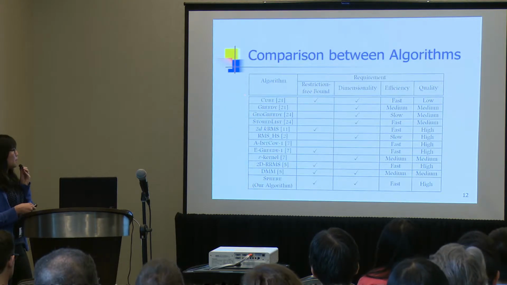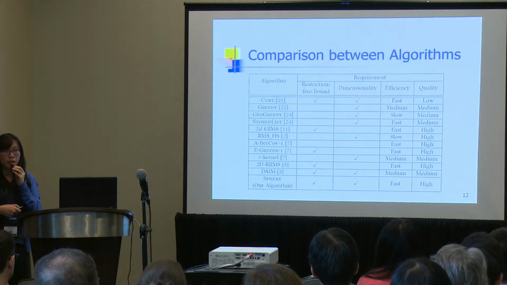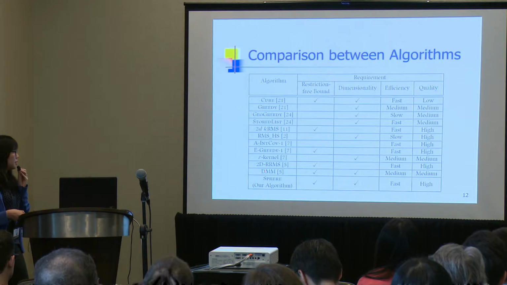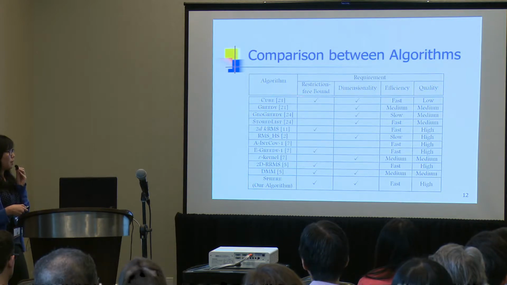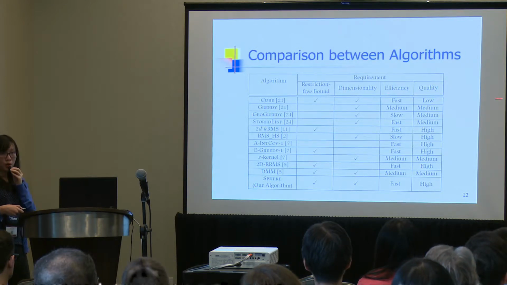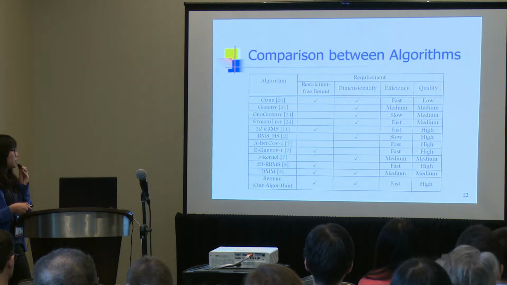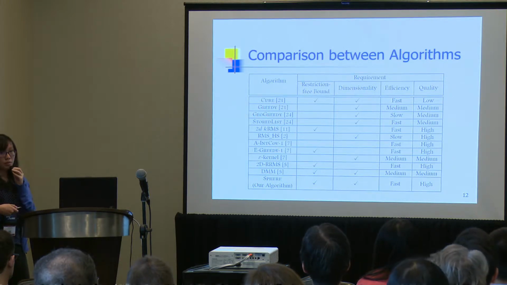So this is a summary of the existing algorithms for the k-regret query. We list the existing algorithms and we evaluate them using the 4 requirements we just mentioned. Some algorithms, such as the greedy, cannot give a theoretical upper bound.